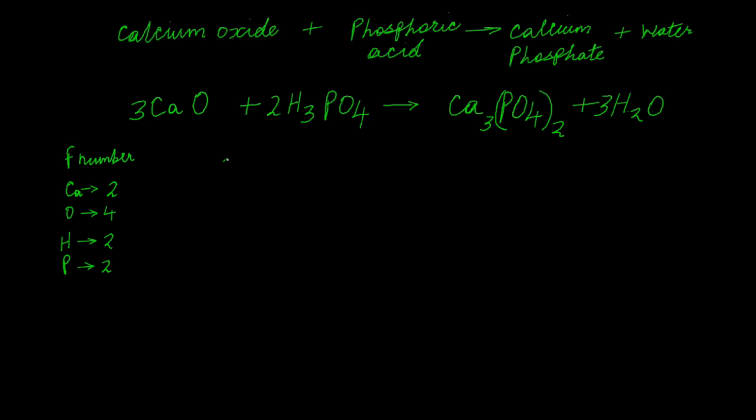So now let's see. Calcium, oxygen, hydrogen, phosphorus. Let's see if it's balanced. Here also calcium, oxygen, hydrogen, phosphorus. So how many calciums on the left hand side? 3. On the right hand side? 3.